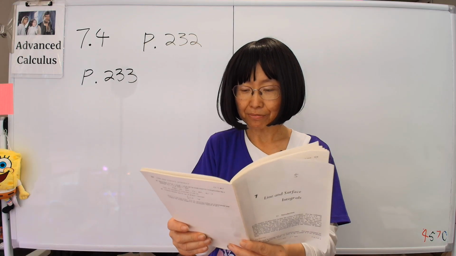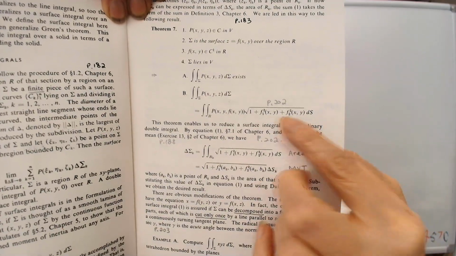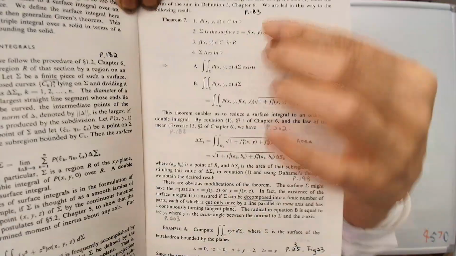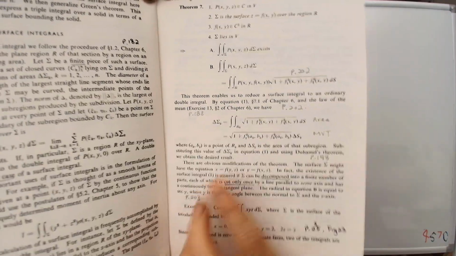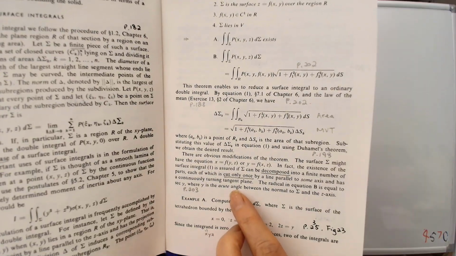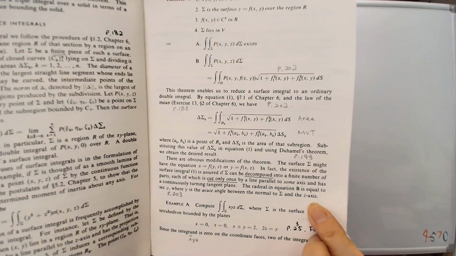Another point we should mention is that radical sign, the square root of 1 plus whatever, is also secant gamma in the z direction. In the other directions, it might be secant alpha or secant beta. In the z direction, this radical is secant gamma, where gamma is the acute angle between the normal to sigma and the z axis.